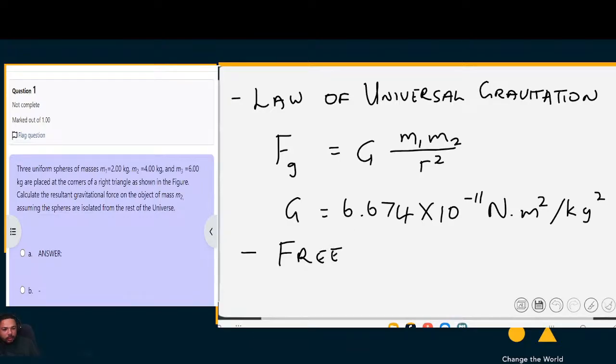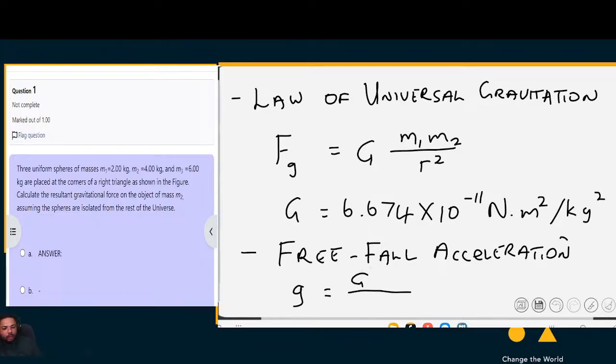Is it one word? Maybe I just want to make sure it's one word. Hyphenated: free-fall acceleration. So free-fall acceleration is equal to G.